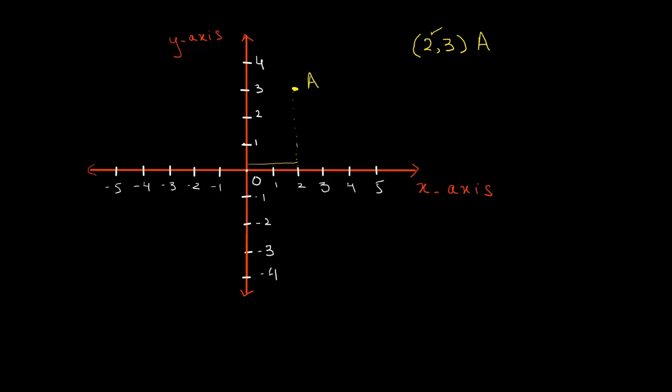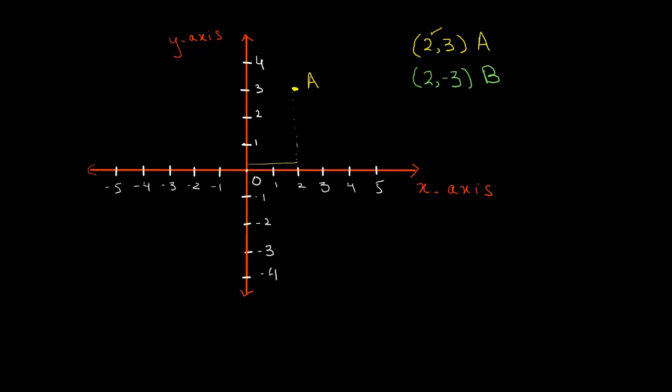Now I can also locate another point, which is 2, -3, the point B. Again, the distance from the y-axis is going to be +2 because 2 is a positive number.